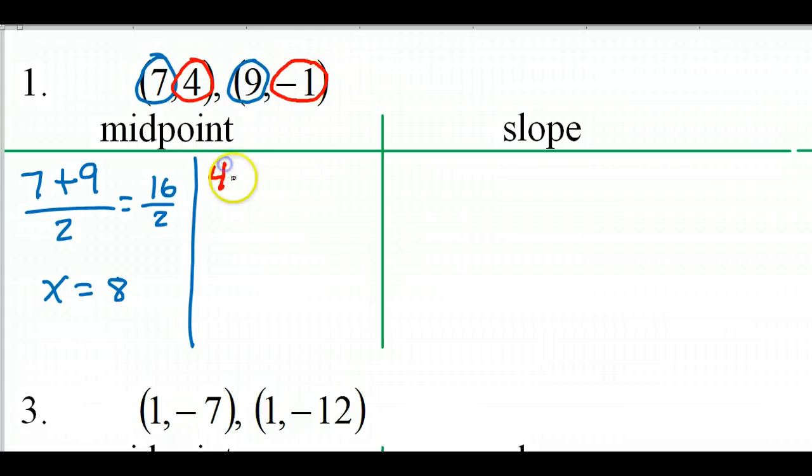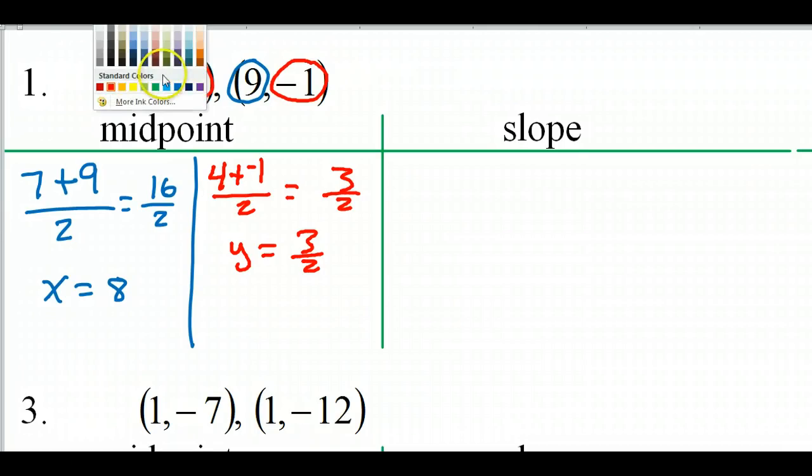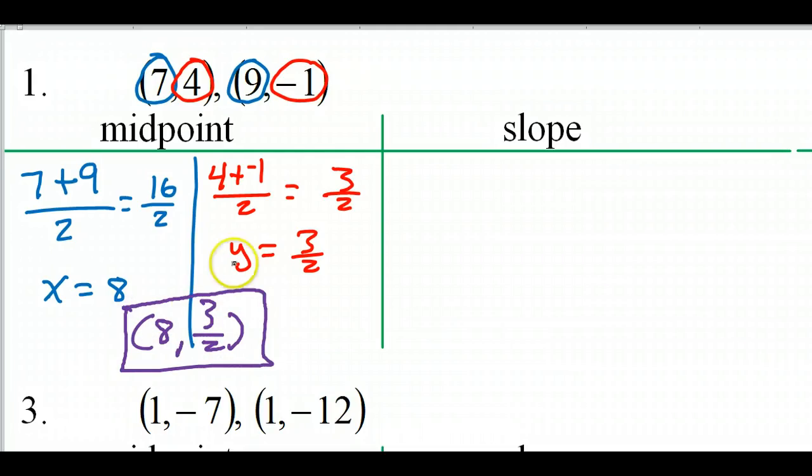So that's 4 plus negative 1 divided by 2, which is 3 over 2. So the y value is 3 over 2, which means that the midpoint is (8, 3/2). Okay, so there's your midpoint.